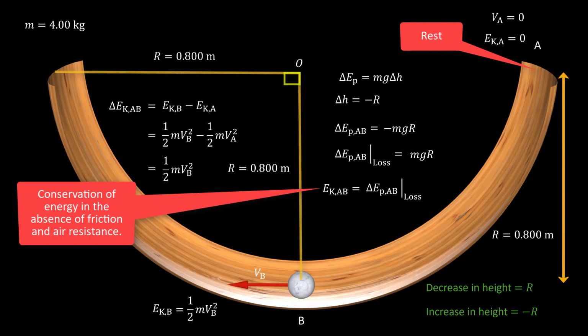And therefore, we obtain half mVB squared equals to mgR.